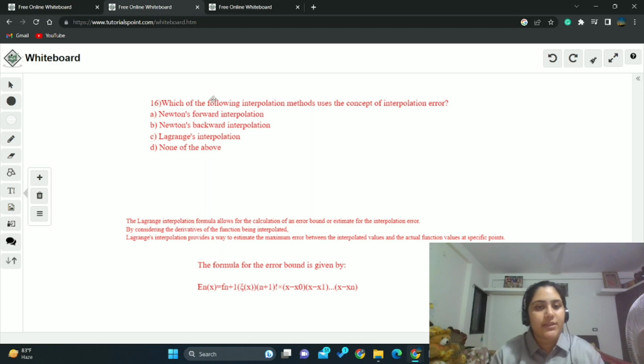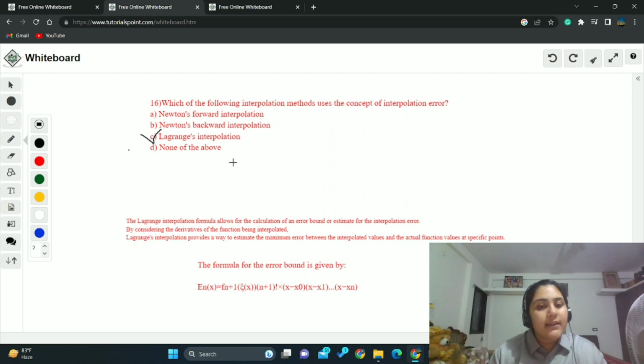Coming to the next question. Which of the following interpolation methods uses the concept of interpolation error? The Newton forward and Newton backward difference interpolation do not involve error correction. Lagrange interpolation involves error correction, as Lagrange allows a calculation for an error bound or estimate for the interpolation error.